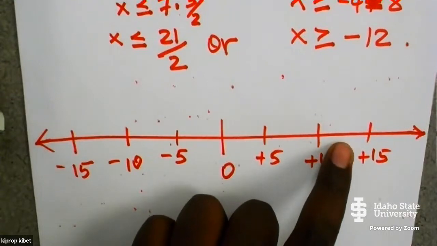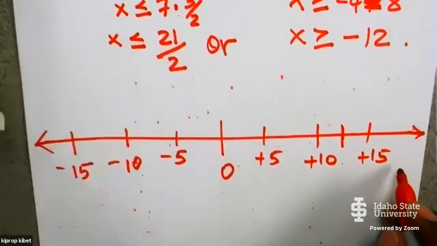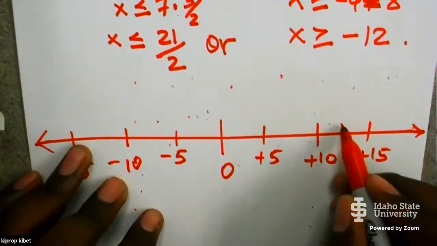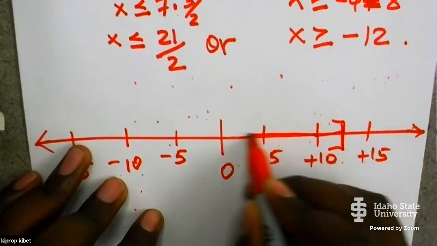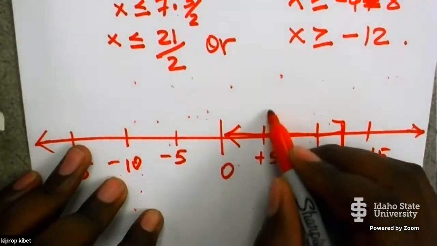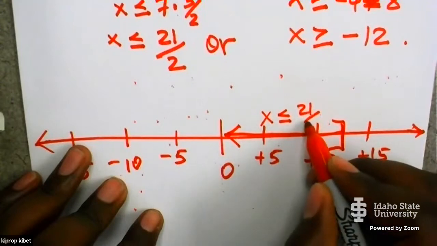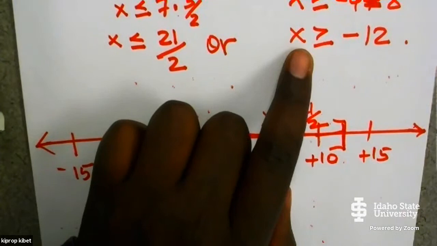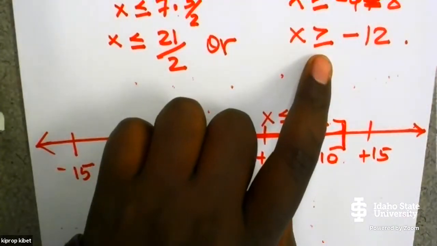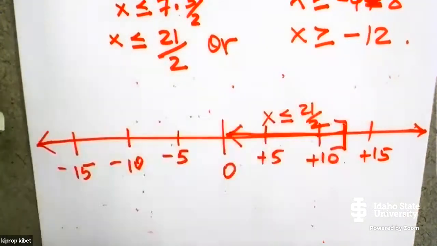Somewhere here, right? So let's say that is less than or equal to 10.5. So it's in that direction. So this is x less than or equal to 1 over 2. Then here, x is greater than or equal to what? Negative 12.